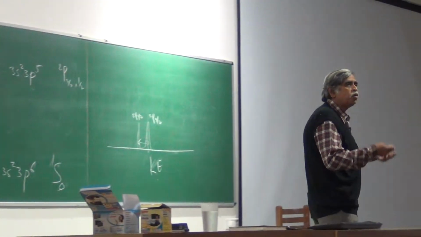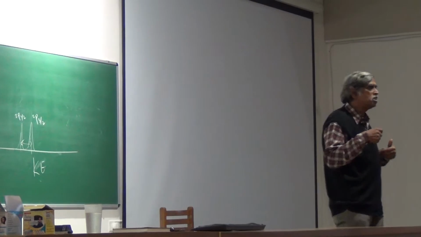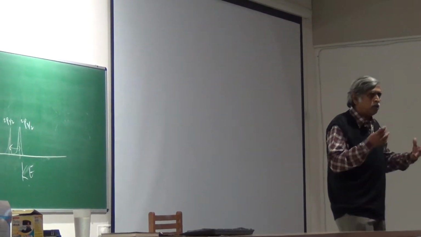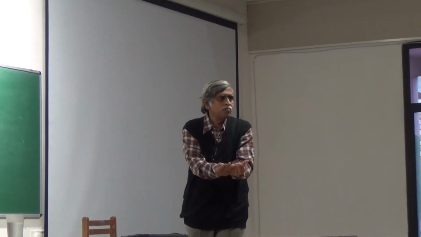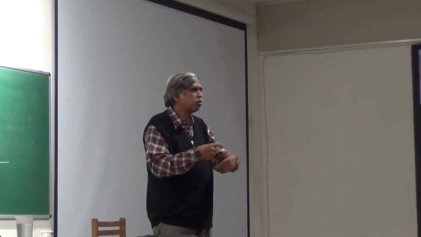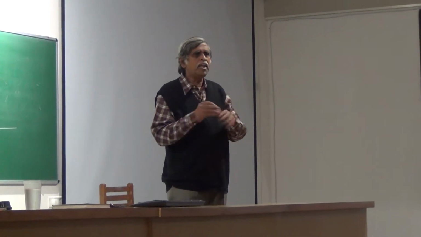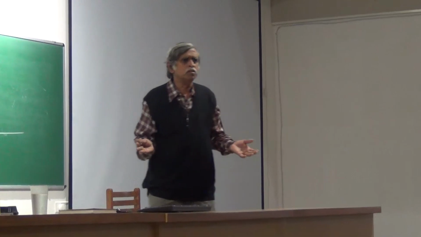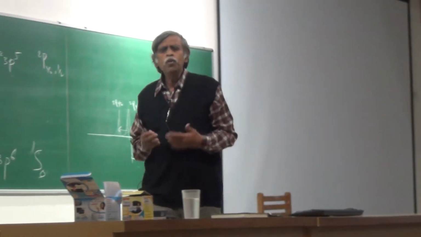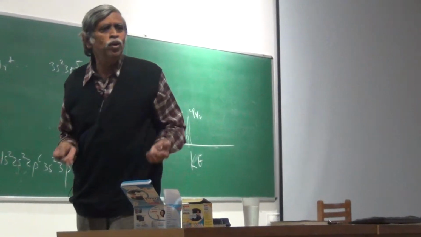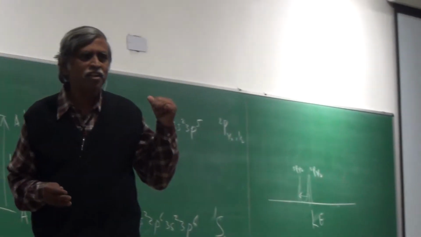Okay, now go back to what you learned in rotational spectroscopy. I have a bunch of molecules whose rotational constant you know. I simply heat it or I keep it at a certain temperature. How do you decide who will go in J0, who will go in J1? It's the same question really.